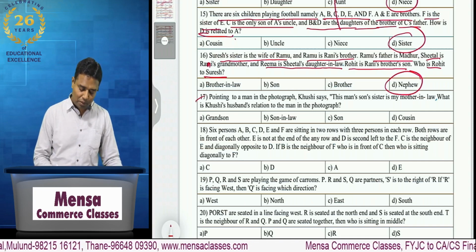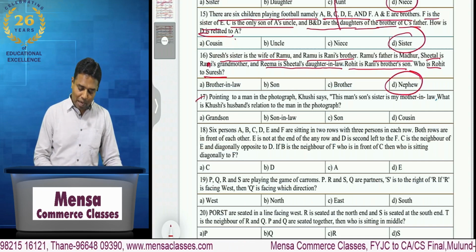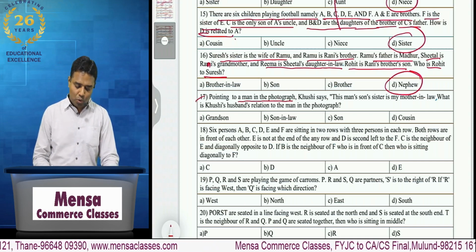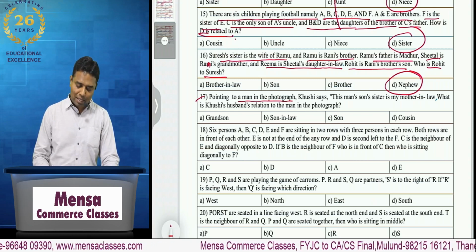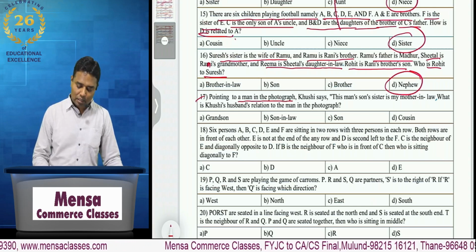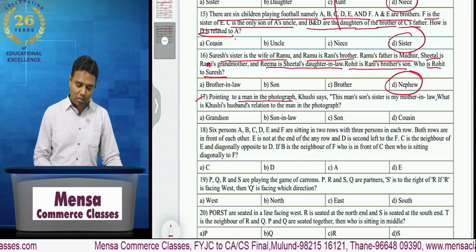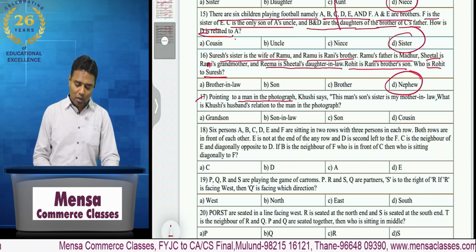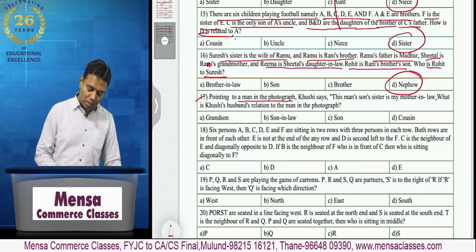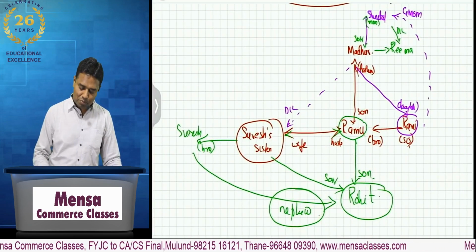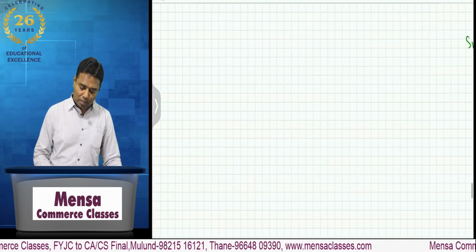Next, the 17th one. Pointing to a man in the photograph, Khushi says, this man's son's sister is my mother-in-law. What is Khushi's husband's relation to the man in the photograph? Let's draw that. First write that sentence and put names, that will become very easy.